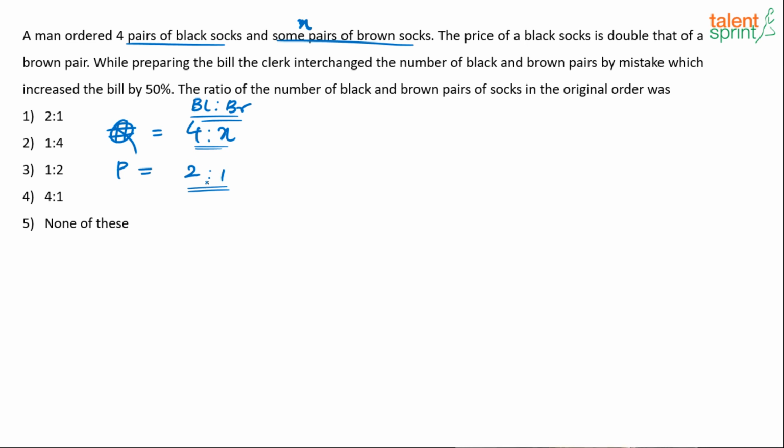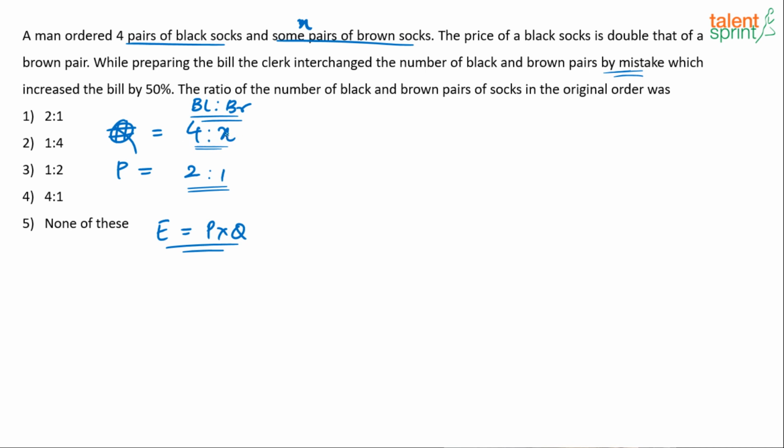Now, it goes back to the same concept, right? We know that expense is actually price into quantity. You understand? Now, what does it say? While preparing the bill, the clerk interchanged the number of black and brown pairs by mistake. This got interchanged. Instead of taking it as 4:X, he took it as X:4.